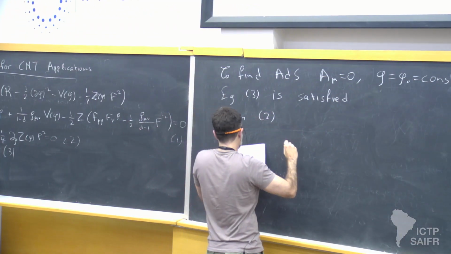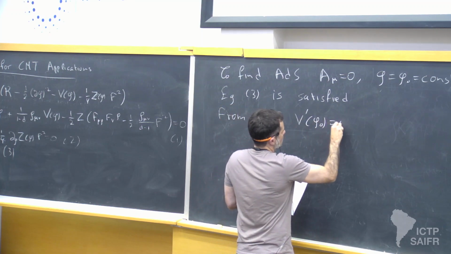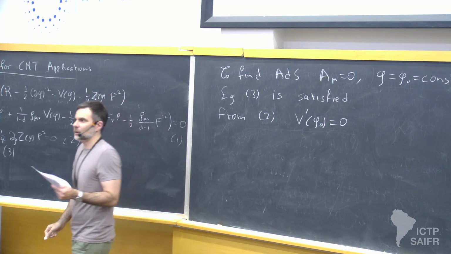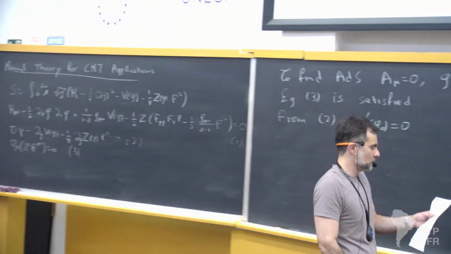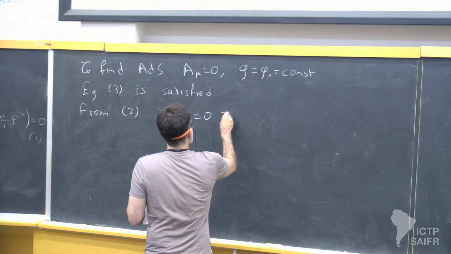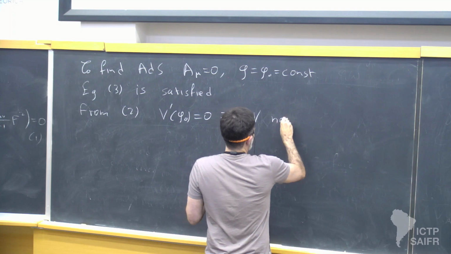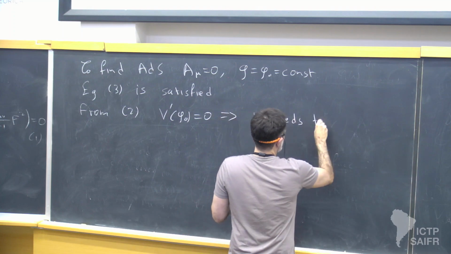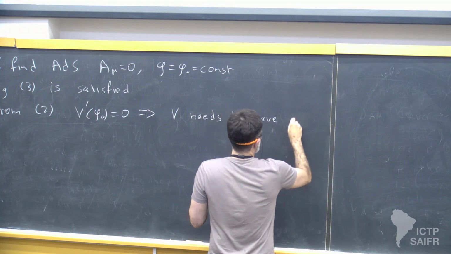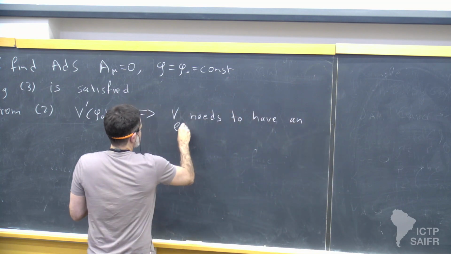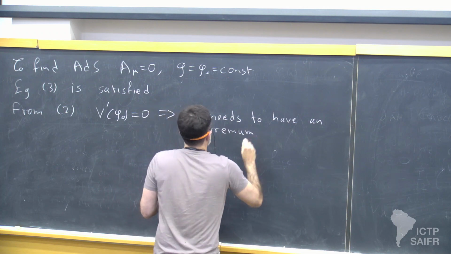So from equation 2, you get that the derivative of the potential with respect to the scalar field, if you set it at the constant phi naught, should be equal to 0. So this is telling you that V needs to have an extremum, at least one extremum. Okay?